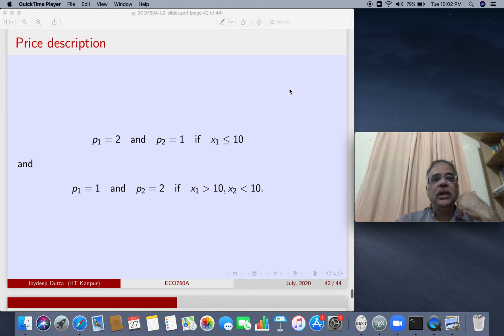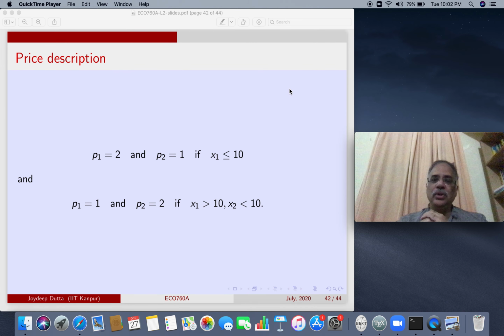Suppose you have two commodities x1 and x2. Suppose you buy x1 to be less than 10 kilos, then you can buy any amount of x2. But once you buy x1 larger than 10 kilos, your x2 also has to be strictly less than 10 kilos.